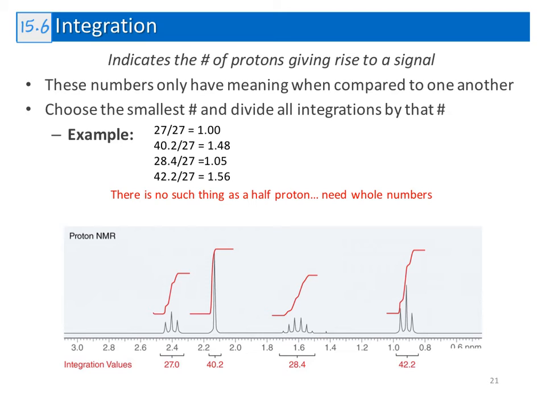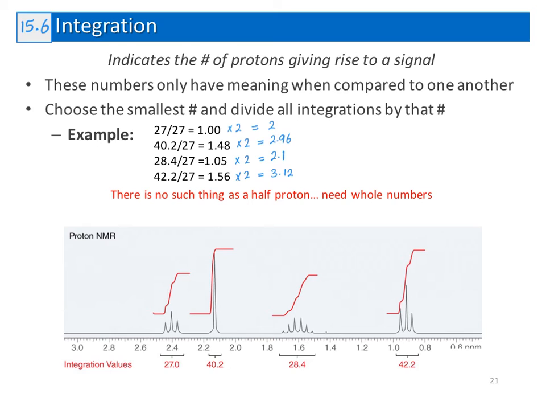Now my question for you is, can we have half proton? No, we cannot have 1.5 proton. So we need to convert these numbers to the whole number. And in order to do so, we need to multiply each number by 2. That gives me 2, 2.96, 2.1, 3.12.